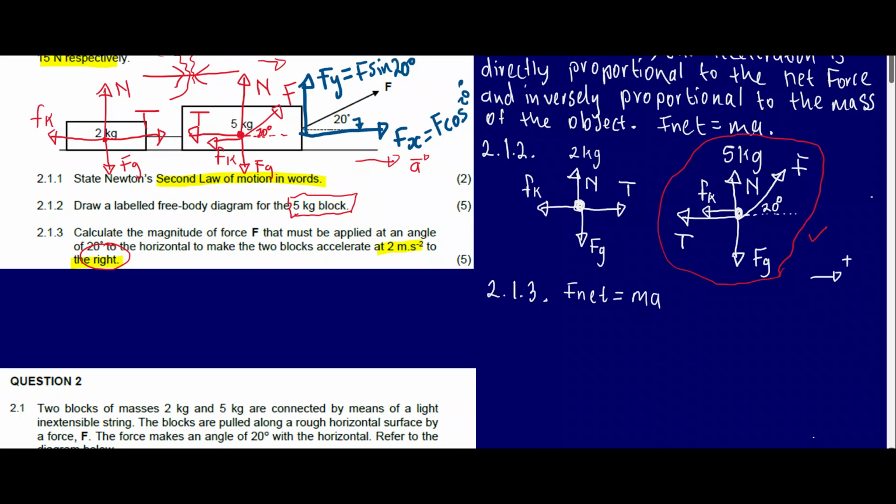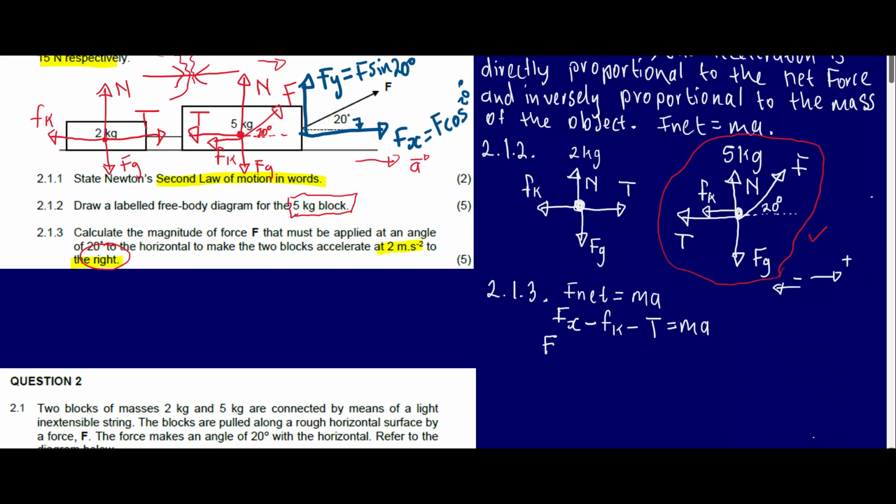So if it's going to the right, we can take the right direction as positive and the left direction as negative. It means that the only force going to the right is Fx and not force F. So we're going to subtract Fk from Fx, and then we'll also minus the tension, which is equal to MA.